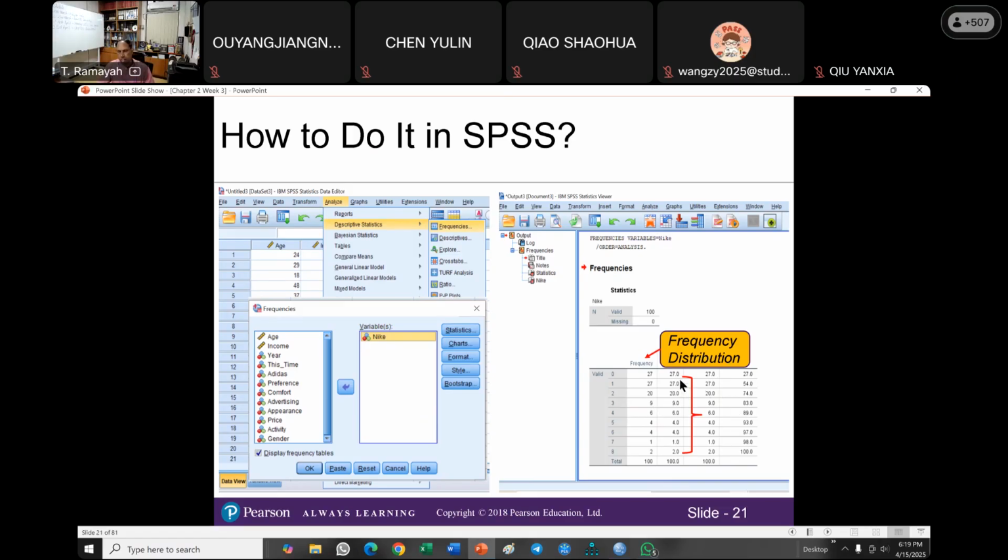Here the frequency and the relative frequency are the same because the total is 100. Usually you don't get the same. So that's how you can get frequency and relative frequency in SPSS.